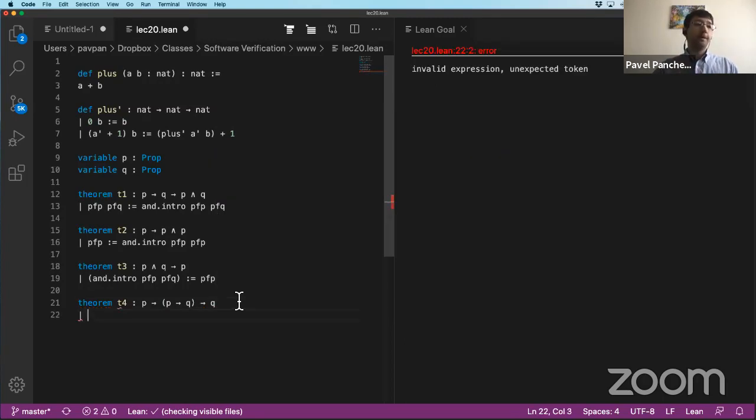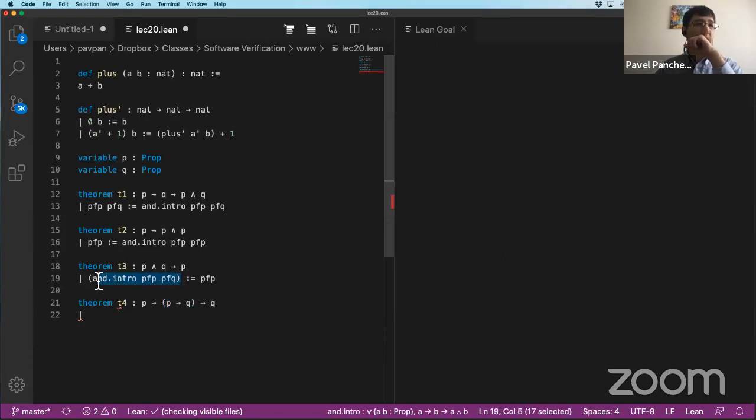And that brings up the question of what is a proof of an implication? Well, here we found that a proof of an and is always and.intro applied to proofs of the two sides.